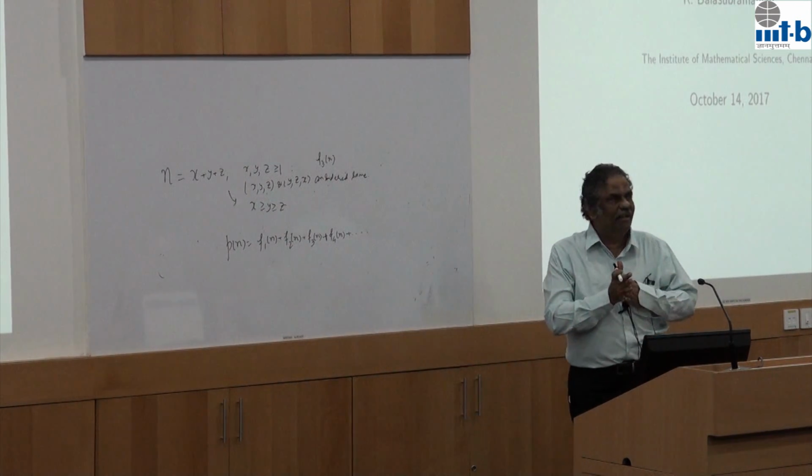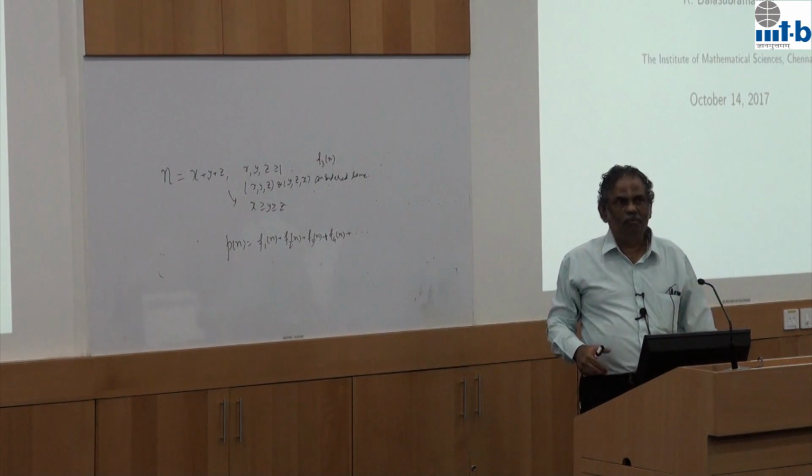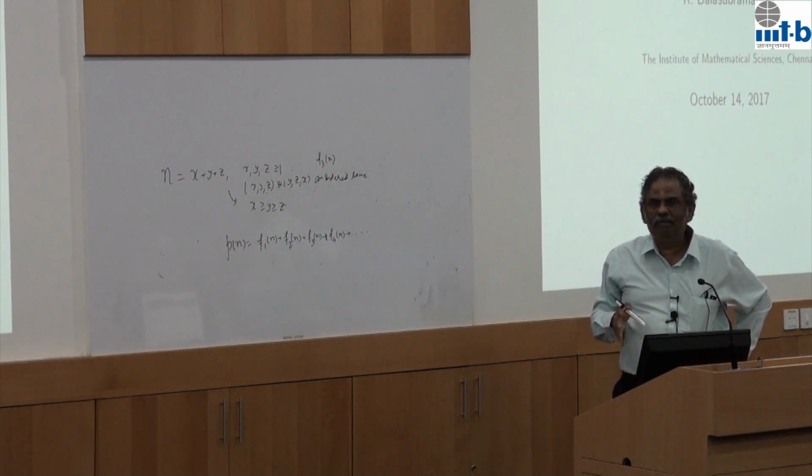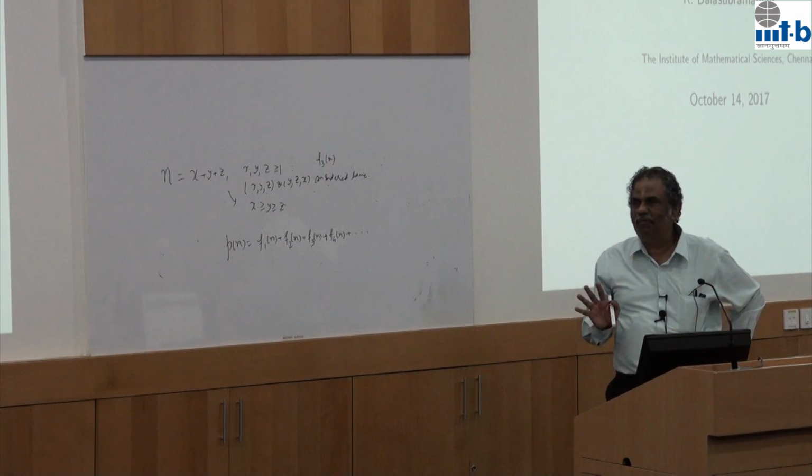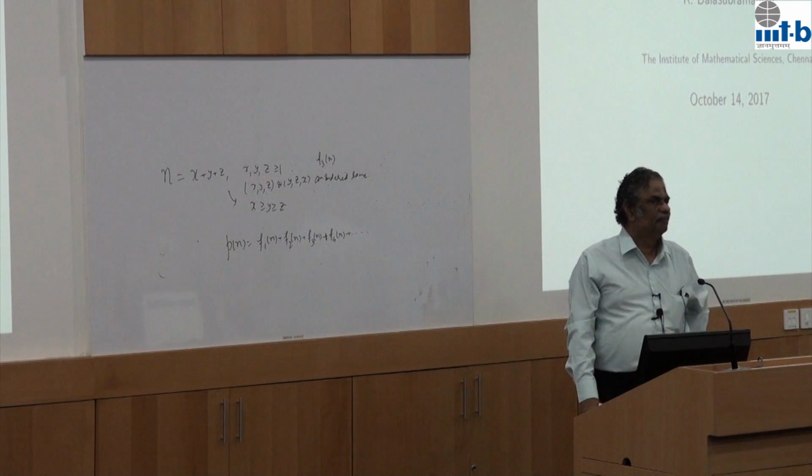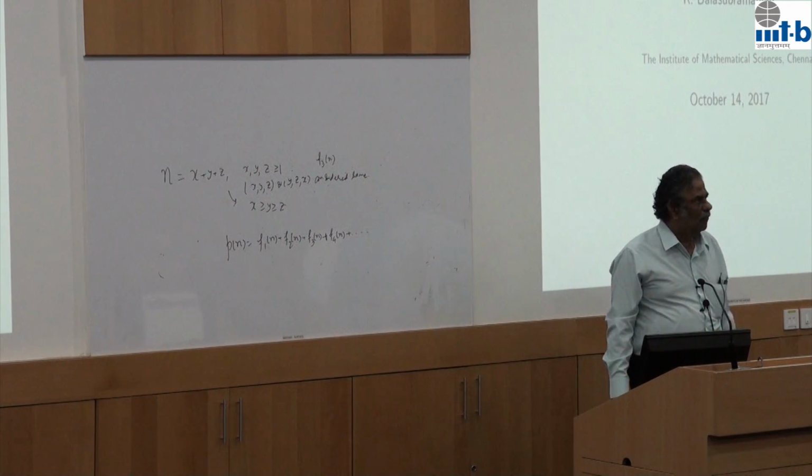I want to write n as a sum of 1 integer, sum of 2 integers, sum of 3 integers, sum of 4 integers, everything, and that number is what is called the partition function.